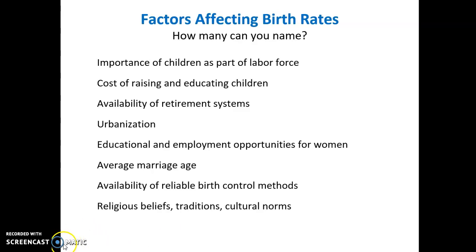However, in most developing countries, there is not a retirement system available. And in fact, that was one of the factors that occurred in China when their cultural system was set up so that if you had a son and he married, then the wife would come to live with his family. So if your child was a girl, then when they got married, they would go and live with the husband's family.